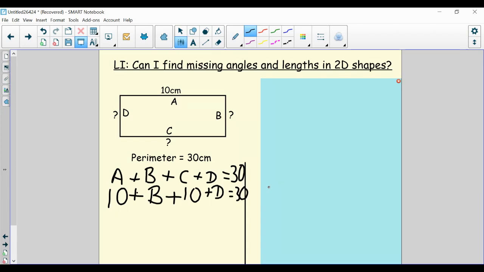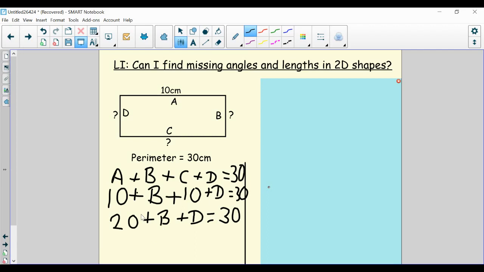Next, we can add the 10 and the 10 together. So that makes 20. Plus, we still don't know B yet. And we still don't know D yet. But we know that the total perimeter of the shape is 30.